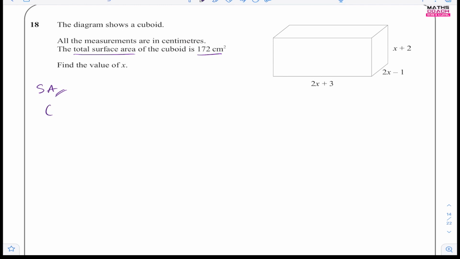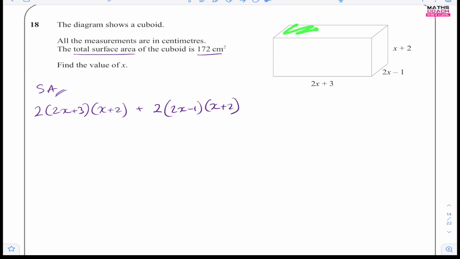So therefore we have 2x plus 3 times by x plus 2, and we have two of those faces, so we can write 2 there, plus next let's calculate this face right there, which is going to be those two multiplied, and of course we have another one over there. So therefore two lots of 2x minus 1 bracket x plus 2.